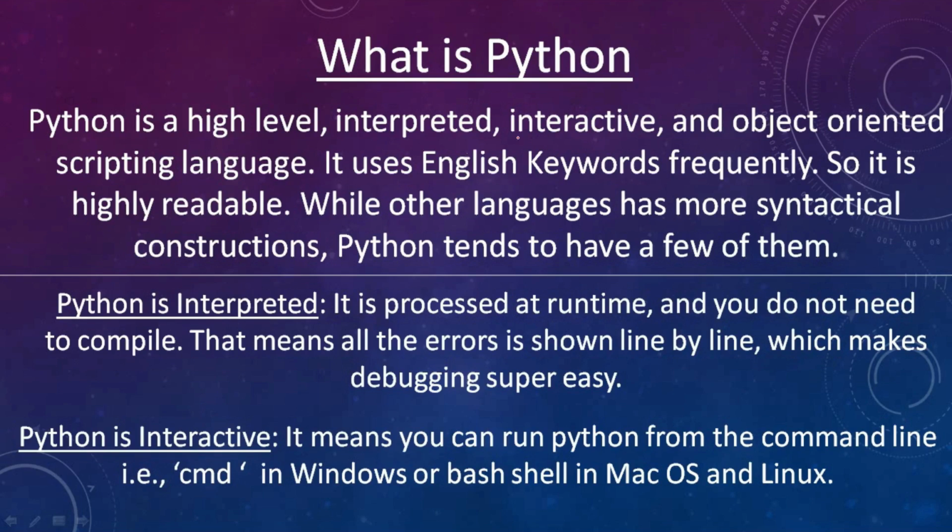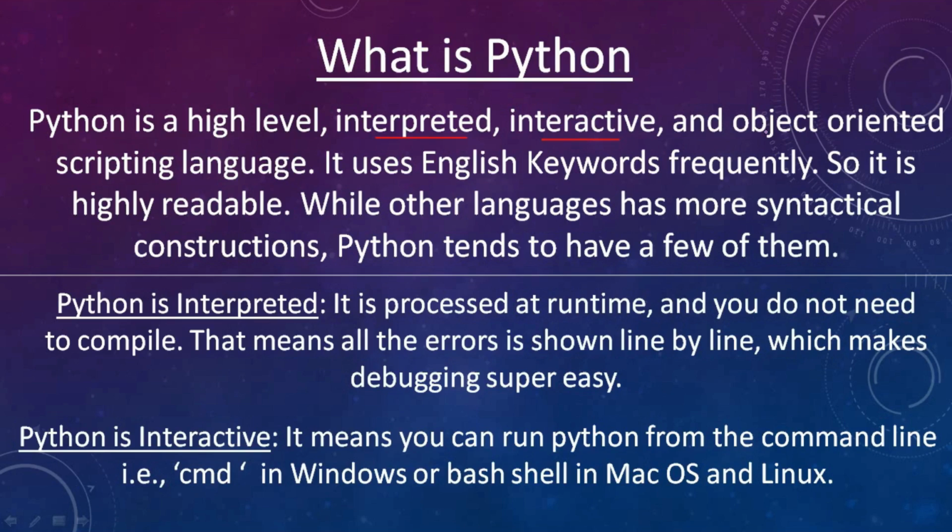Interactive. Now why is it interactive? Because if you open a CMD in Windows or a bash shell in macOS or Linux, you can test Python code or run Python code. Anything you can do in a CMD or terminal in macOS and Linux or Windows. This is why it's interactive.